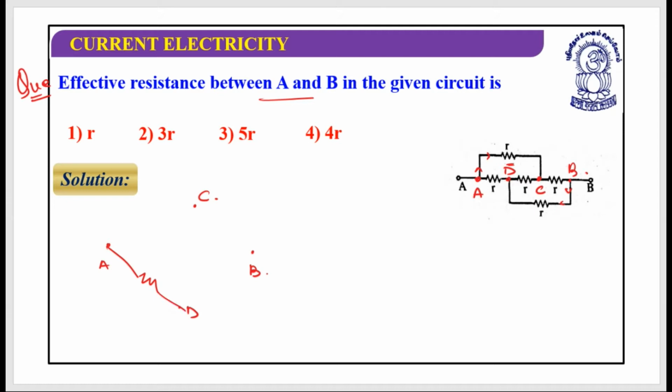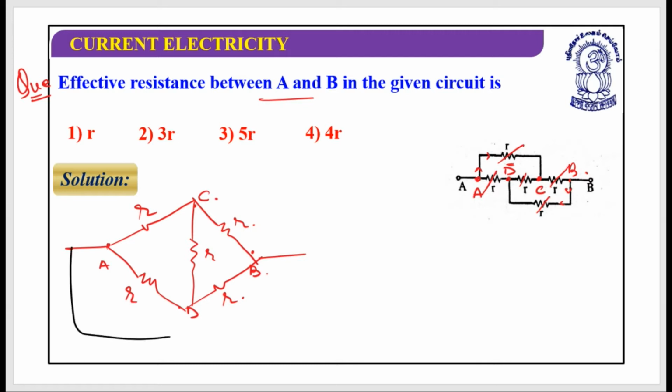This is from A to D, value would be R. One more resistance from A to C, again it is R. Next from C to B, one resistance, this is R, and from D to C it is R. And your supply has been connected over this path.